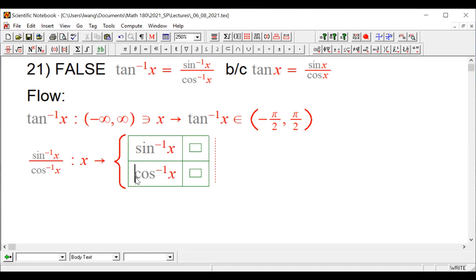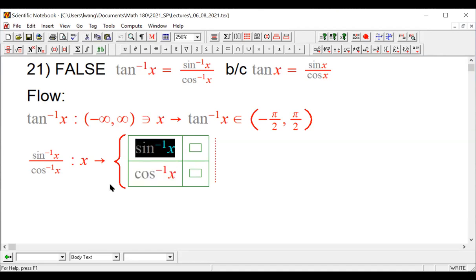We have to be aware of the domain and range. For sine, it requires x to be between -1 and 1. The same is true for cosine.